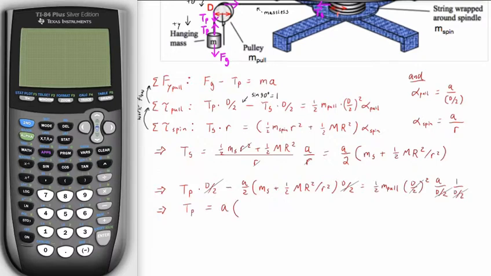So then I'm going to have 1/2 M pulley, which I'll just call MP, because I'm already calling the mass of the spindle MS. And then, factoring out the a, that'll be plus 1/2 MS plus 1/2 M R squared over little r squared. Close it off, small parentheses, large parentheses.